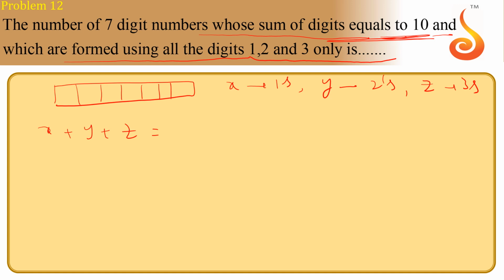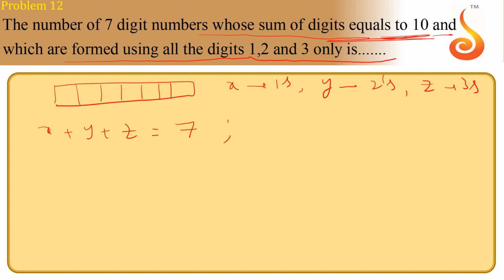Because x 1s I used, y 2s I used, and z 3s I used. Then can I say that it should be equal to 7-digit number? It is, because suppose I use 2 ones, 2 twos, then I will use 3 threes. But if I add the number, x plus y plus z should be equal to 7.